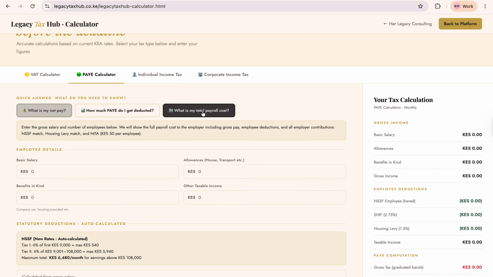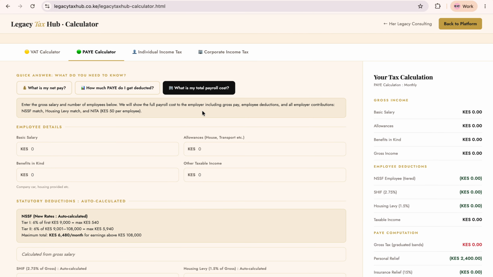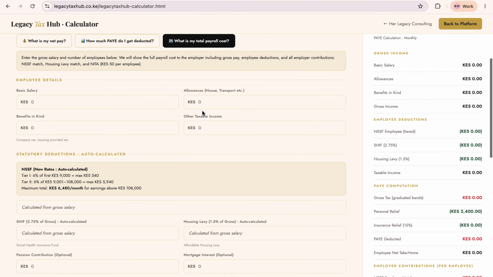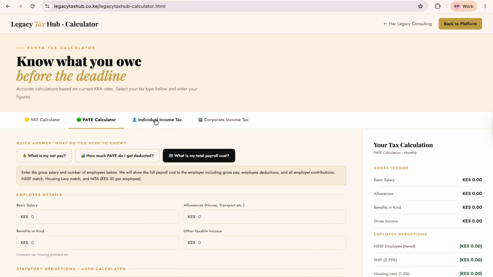As an employer, you get to calculate what exactly is your payroll cost, because aside from what you pay, what you stipulate to an employee is their gross pay, there are employer costs as well, which tend to be housing levy that you match, NSSF that you match, and NITA, which is purely an employer cost. With this calculator, it helps you know when you're hiring how much exactly you're going to be paying besides the pay that is agreed on, right? So you get to check on that.